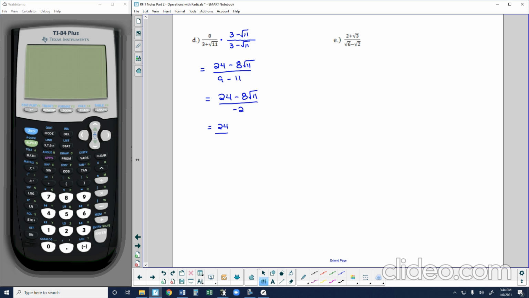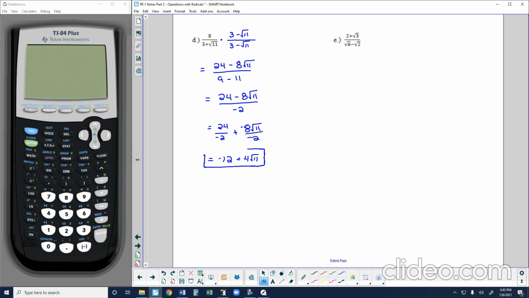If I need to, I can split it into two fractions. Let's just make this plus negative 8 root 11 over negative 2. Splitting apart into two fractions, this would give me negative 12 plus 4 roots of 11.